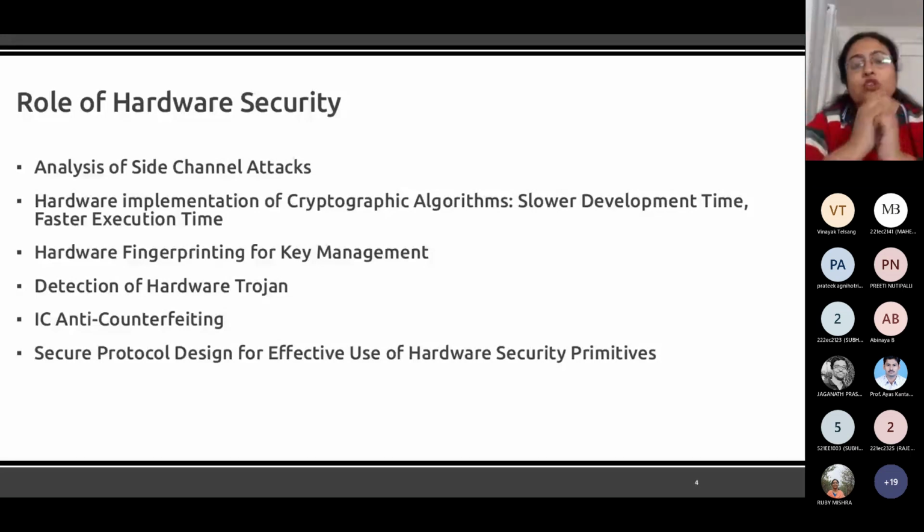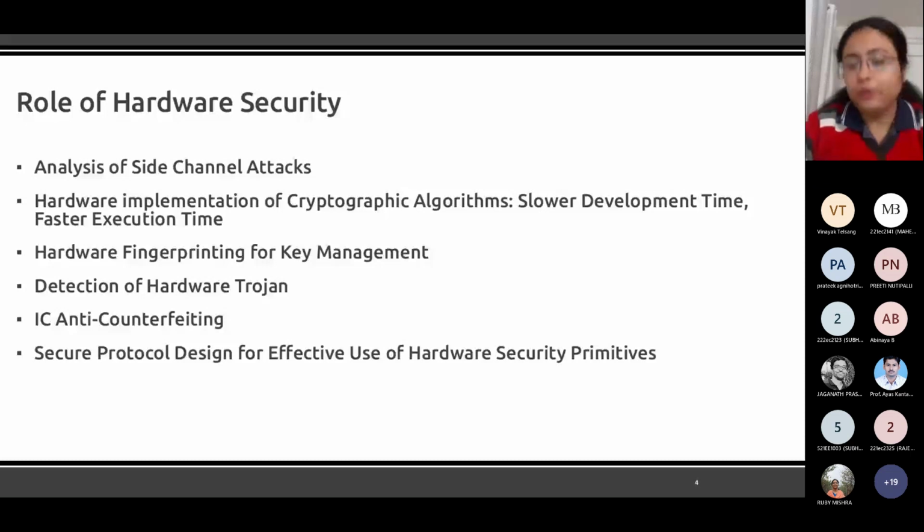Okay, now we have talked about cryptographic algorithm implementation, and how we can do some side channel analysis and make countermeasures for them. Even if we do all this, we face some issues while we implement this cryptographic algorithm, be it in hardware or software, for a particular application.